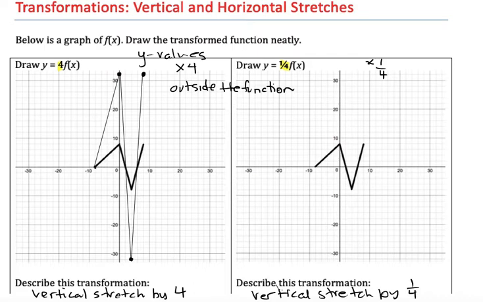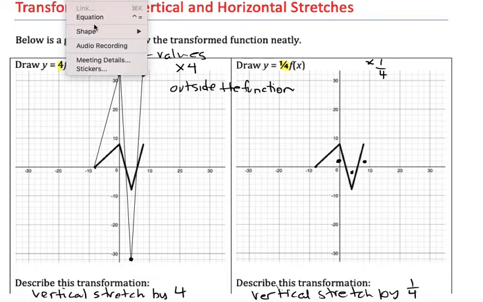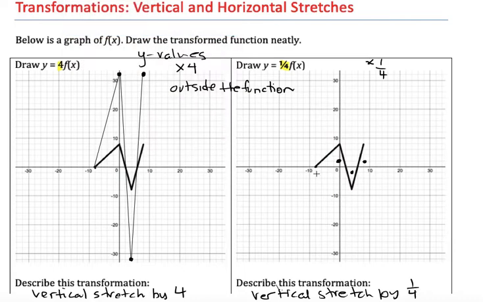Okay. We're going to do exactly the same thing here. So looking at the y values, but instead we're multiplying by a quarter. So 0 times a quarter stays as 0. 8 times a quarter, that's like dividing by 4, right? So that'll go down to 2. The negative 8 will go to negative 2, and the positive 8 will go to positive 2. So we are essentially doing exactly the same thing.